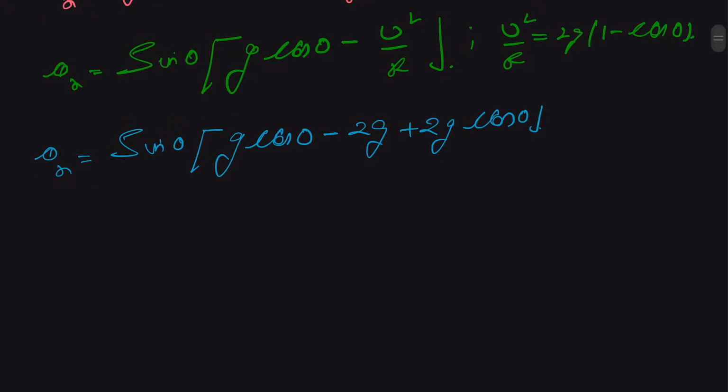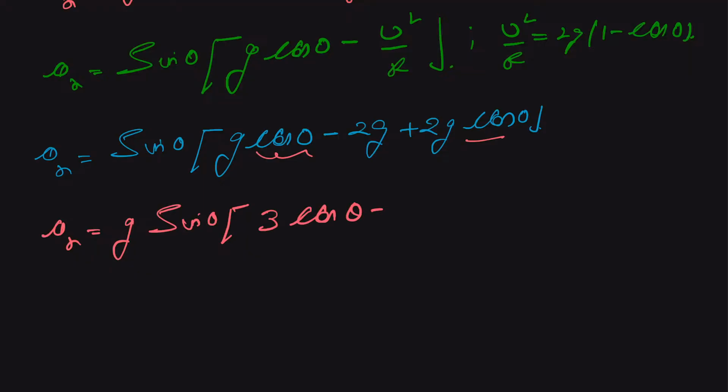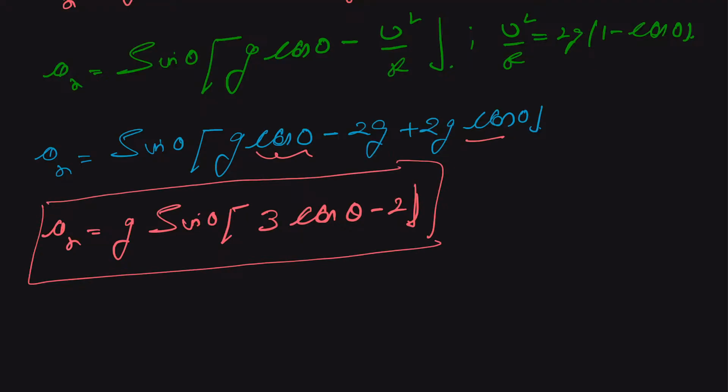And g we can take as common, therefore a of x is equal to g sine of theta times 3 cos of theta minus 2. So this is our acceleration component in the x direction, that is our horizontal part.